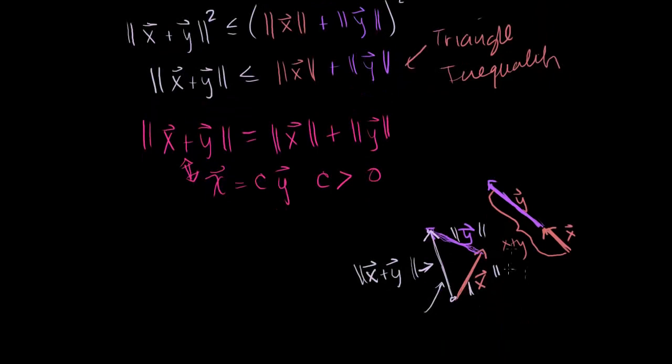I lost my axes here, but we see that the only time that the length of x plus y is equal to the length of x plus the length of y is when they're collinear. Right? Over here, this plus this is clearly, you can just visually look at it, longer than this right there. So you might be saying, Sal, once again, this linear algebra is a little bit silly.